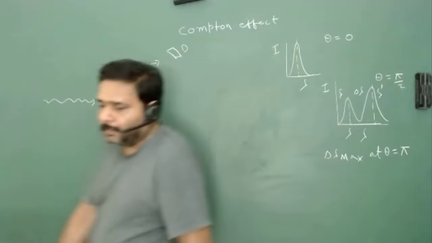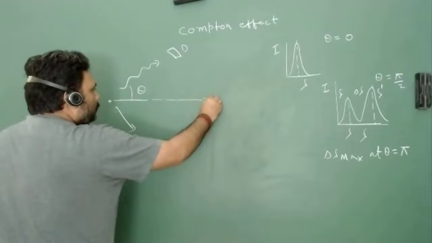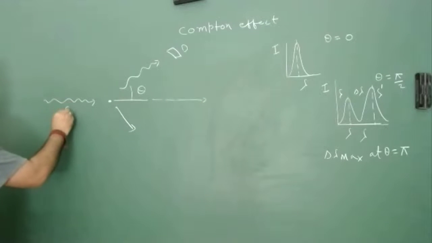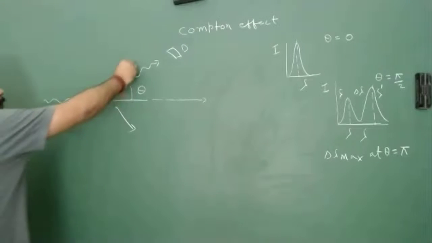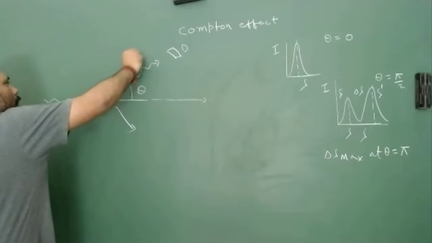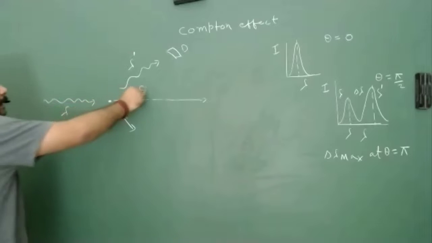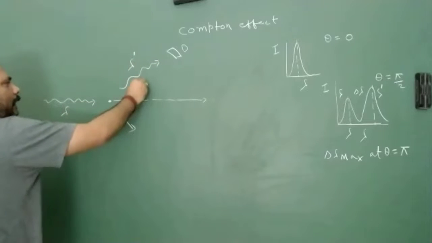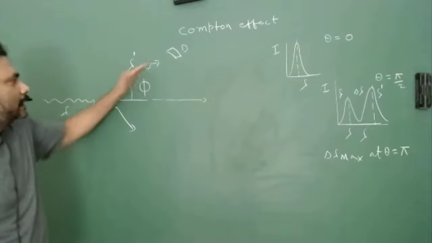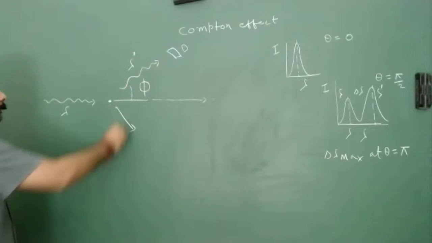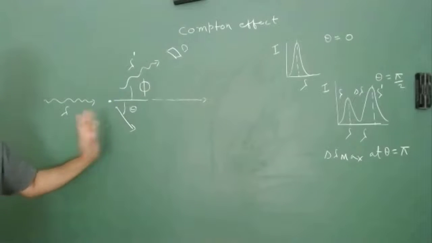Suppose this is my axis of reference, and this is my incoming wave of wavelength lambda, and this is my outgoing or scattered wave of wavelength lambda dash. I take this angle as phi, known as the scattering angle, and this angle is theta, the angle of recoil of the electron.